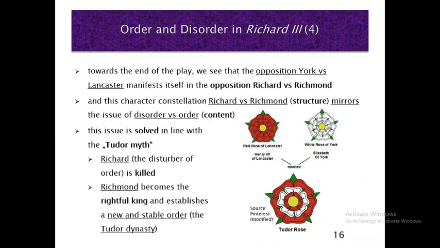And this issue is solved in line with the Tudor myth. Richard, the disturber of order, is killed, and Richmond becomes the rightful king and establishes a new and stable order, the Tudor dynasty. This is basically what you see here.